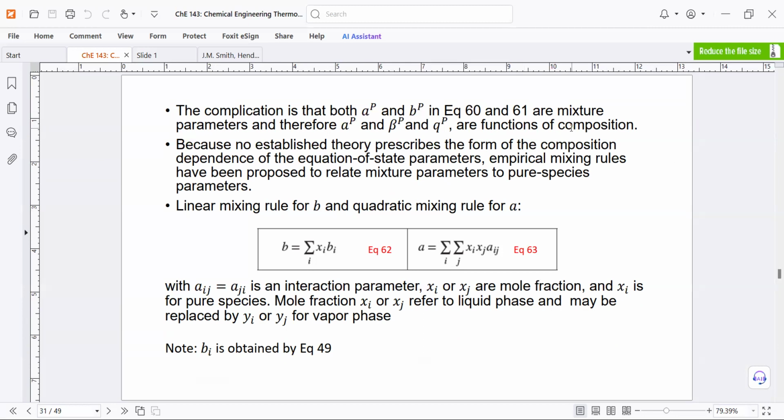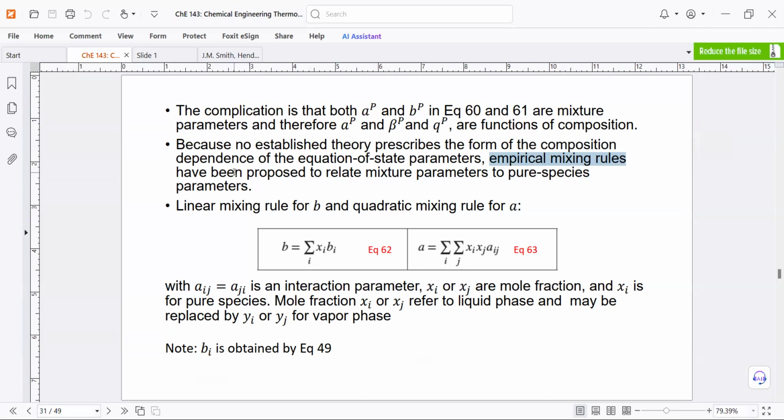Okay, now they are functions of composition, but there's no established theory that prescribes this equation of state as a function of composition. So our ancestors in thermodynamics made these empirical mixing rules. Okay, and what are these empirical mixing rules?